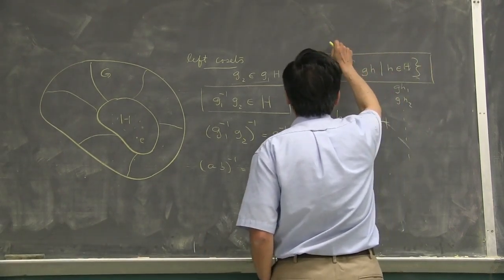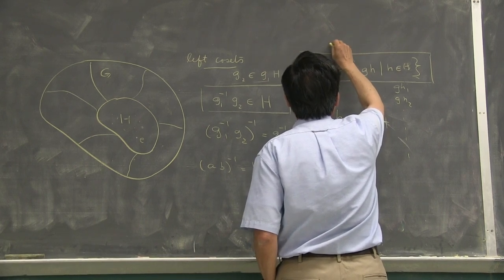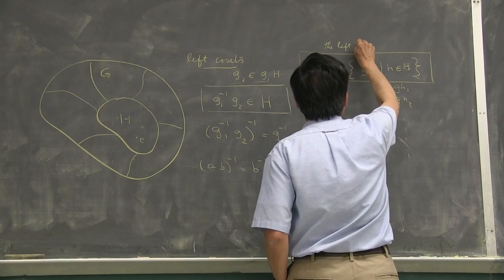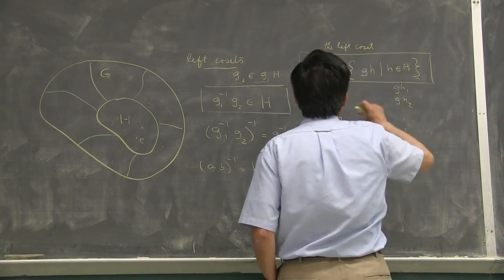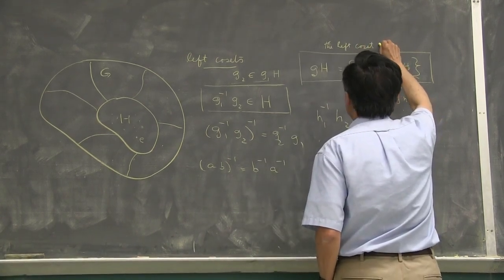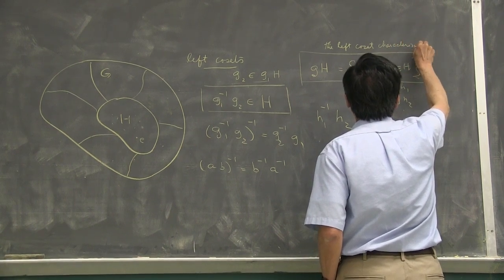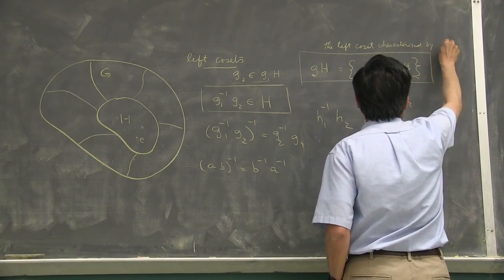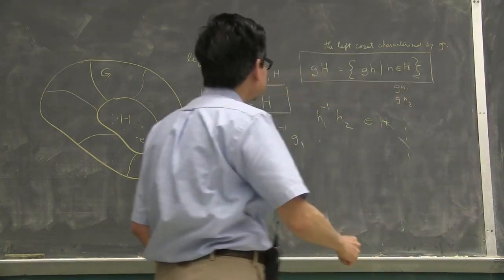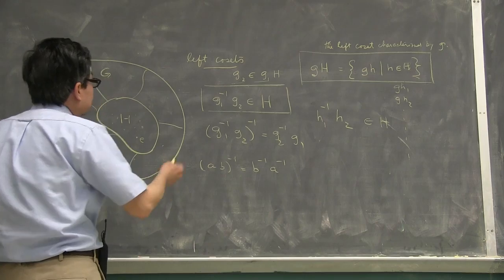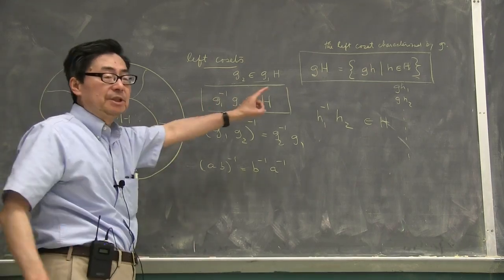This is called the left coset characterized by g.